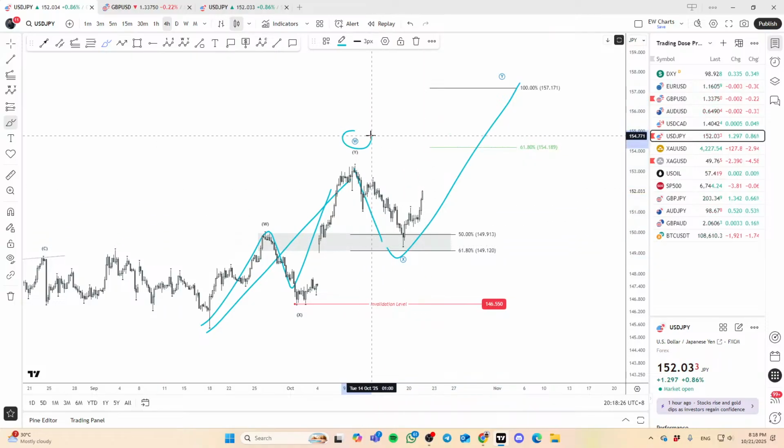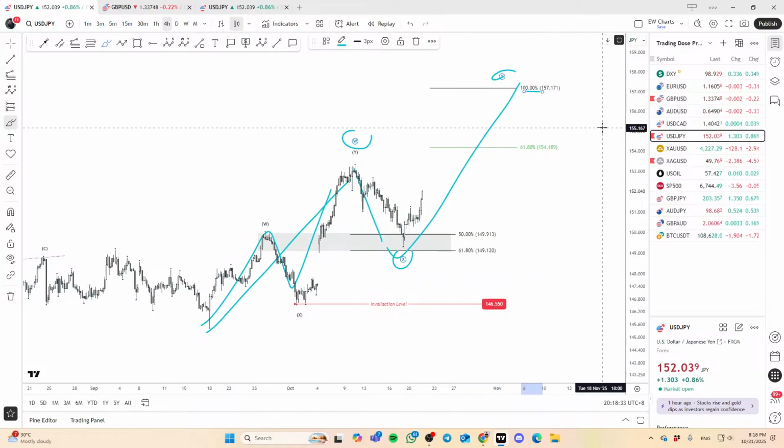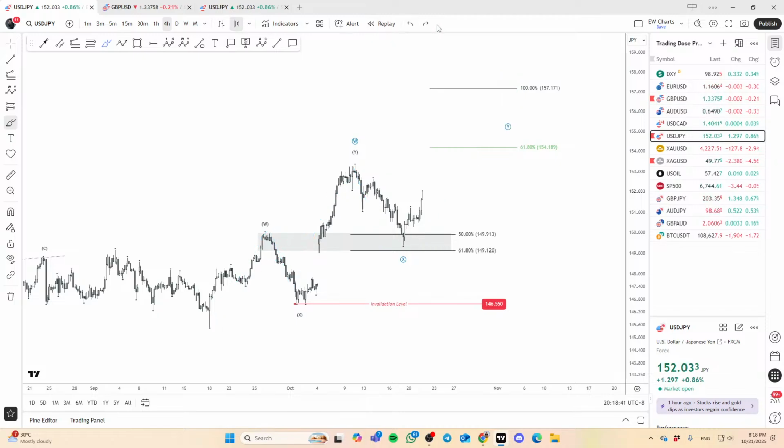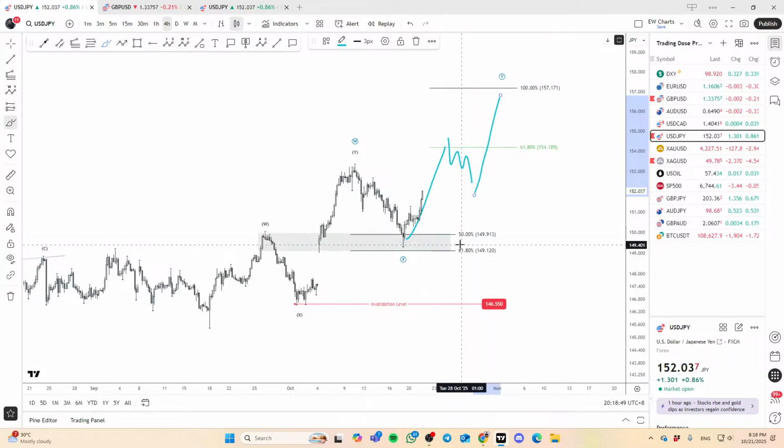So in terms of the blue count, you can see the measurement of 1:1 would bring us towards the 157.17 area. And of course, in the internal aspect of things, you have the black count, which is the internal, and then you have the blue count, which is the external. So in the internal, usually we'll also expect 1, 2, 3, right?